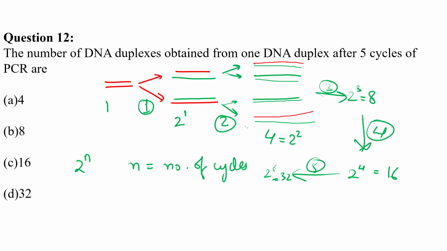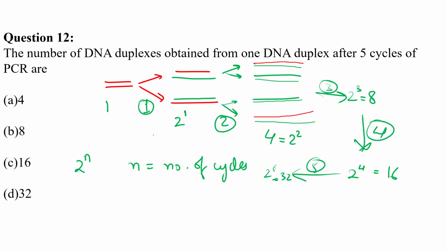From one single strand, just after 5 cycles we have 32 strands. So if I start with 1 nanogram of DNA, I can also achieve a lot of amplified DNA. That is why it is called amplification, because we are increasing the amount of a particular DNA fragment.